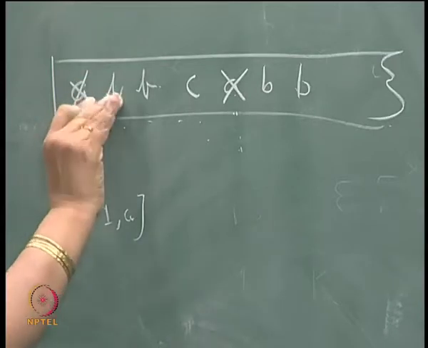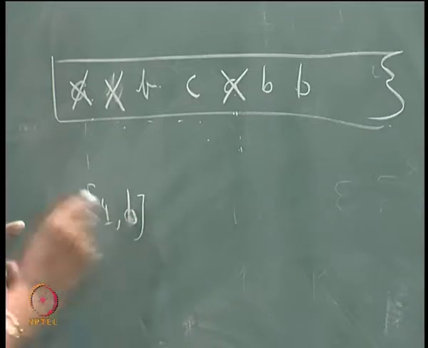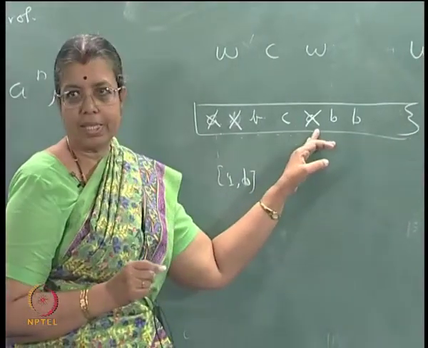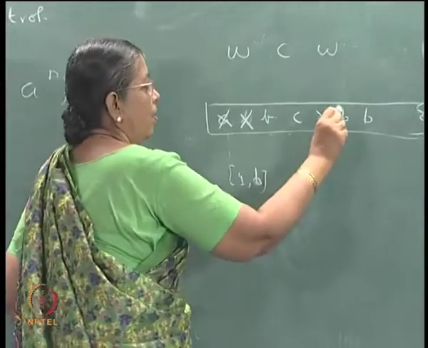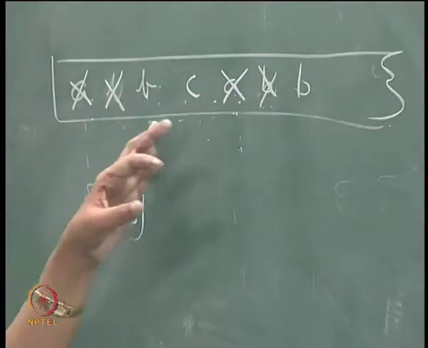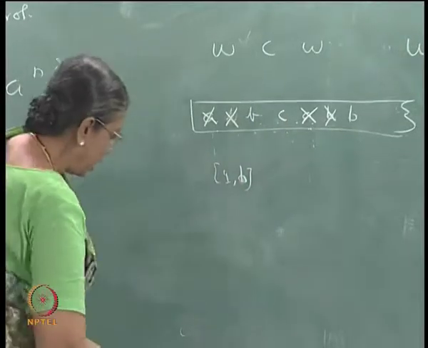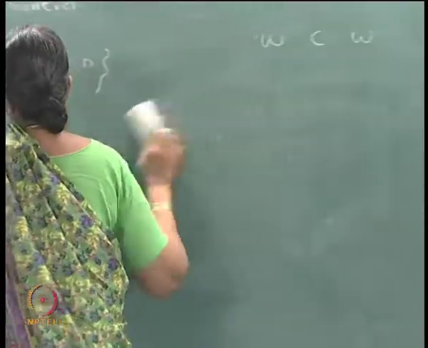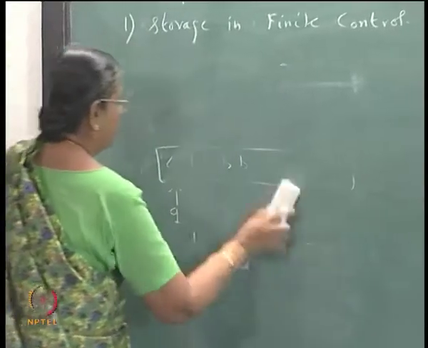Now when it sees this B, it can change this into Y, but store that B in the state, then go back. After the C, it will leave out the X's, then the first symbol has to be again a B, it will change that into X, come back, then when it reads this, store that B in the state and so on. So it can store some amount of information in the state, and that technique is called storage in finite control.